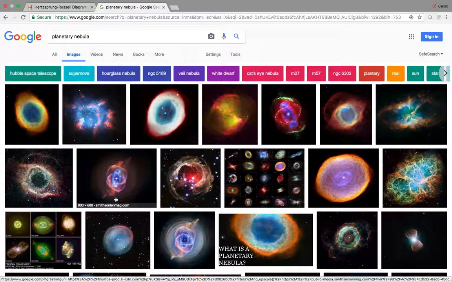See? So a planetary nebula is this expanding gas that is surrounding a white dwarf. And a white dwarf is a compact core made of carbon and oxygen, basically.